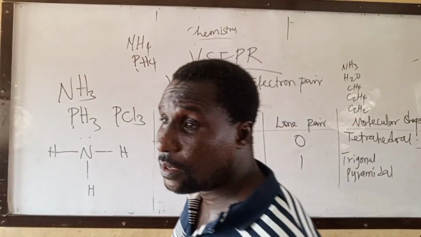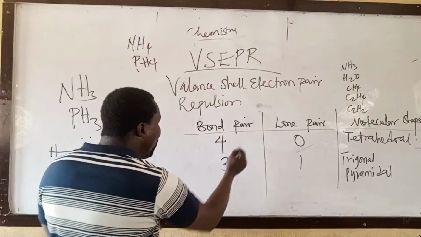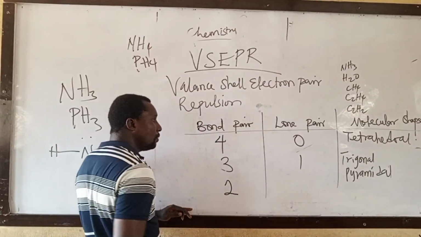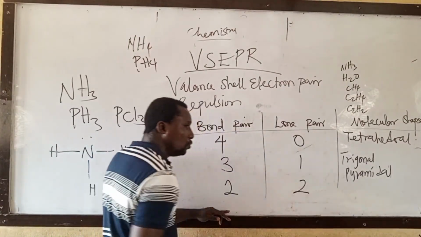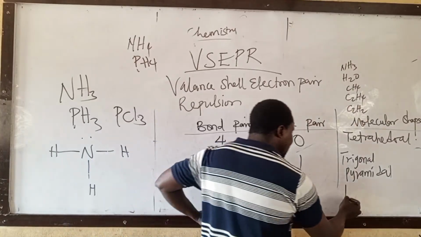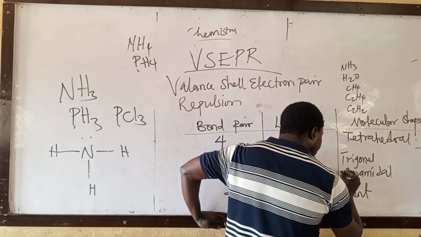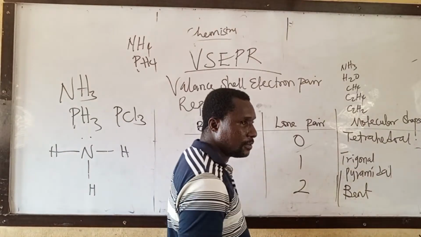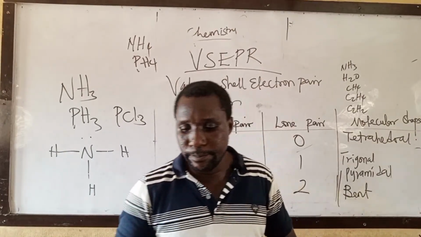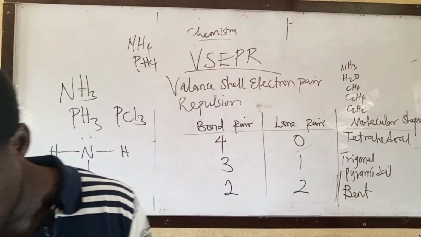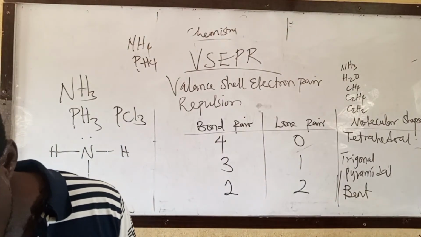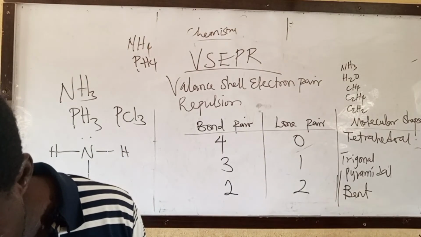Are we set? When you have bond pair 2 and lone pair 2, the shape is bent. Write it down. Bent shape.